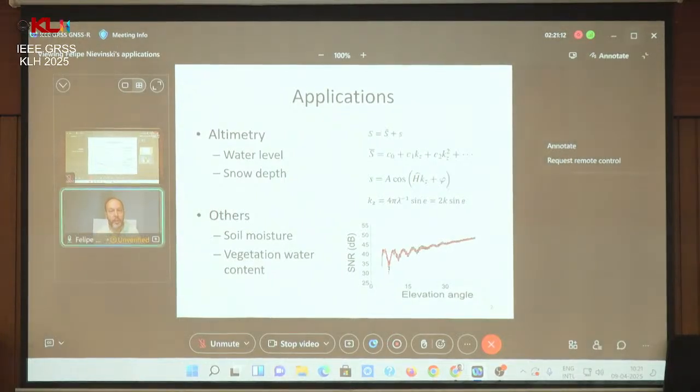Other non-altimetry applications are more difficult, and those are soil moisture and vegetation water content. So keep in mind when you are doing the data fitting, what parameters are usable for each application. I will highlight that in the following.